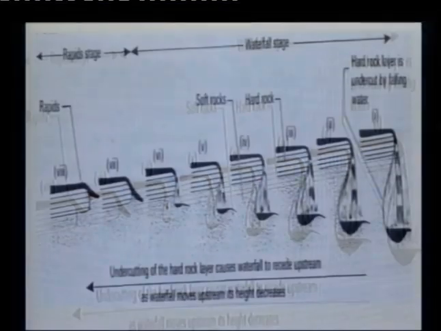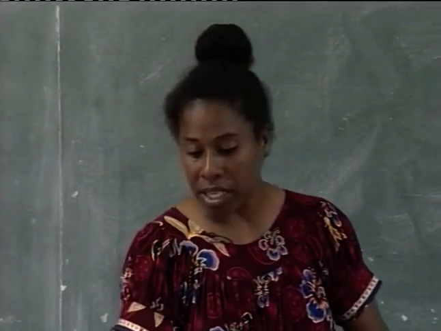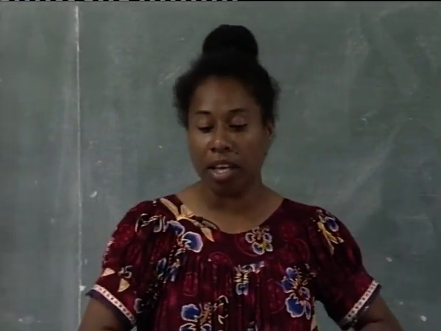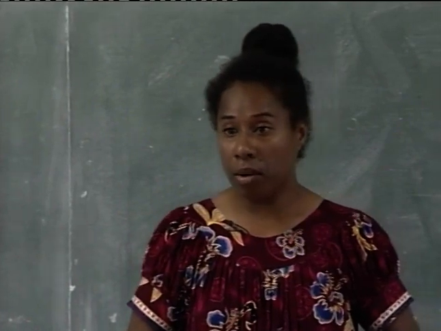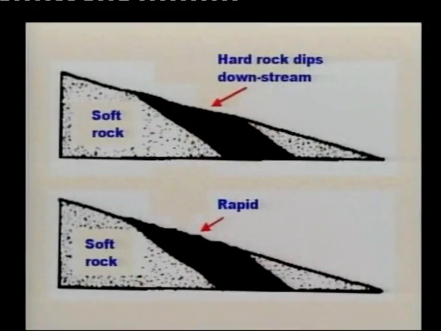You check. The second way in which rapids are formed is where you have a hard rock dipping downstream. And with that, if you were to construct the diagram, your diagram should at least look like this. You can have only one diagram, and that one diagram should be well labeled to show us how a rapid is developed because of the hardness of the rock.